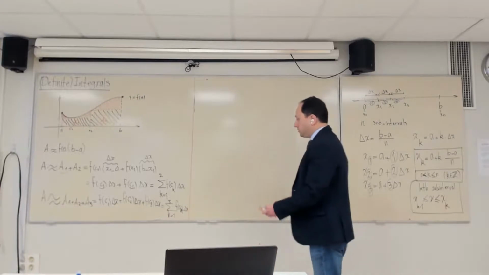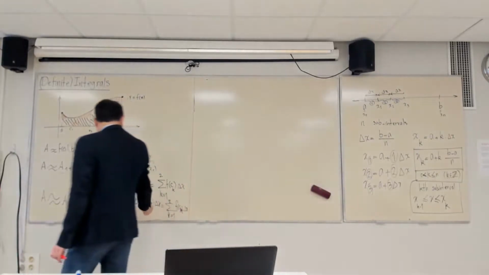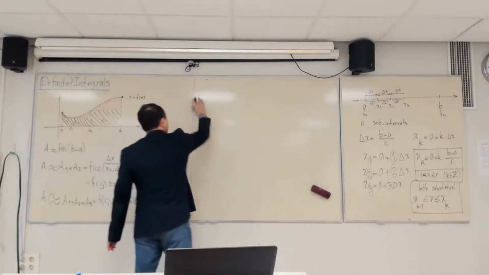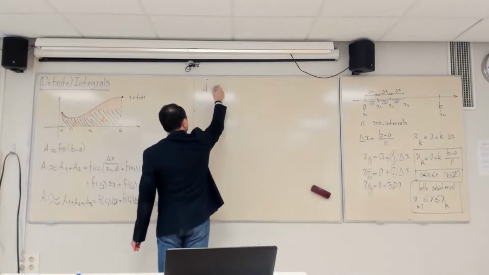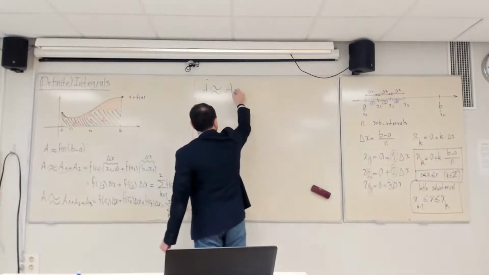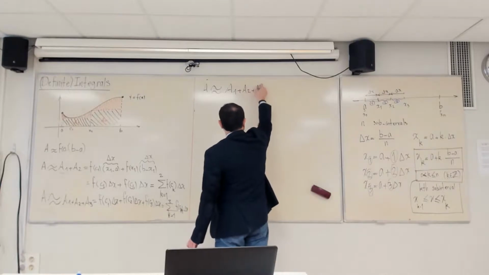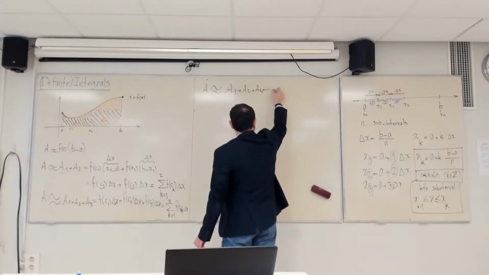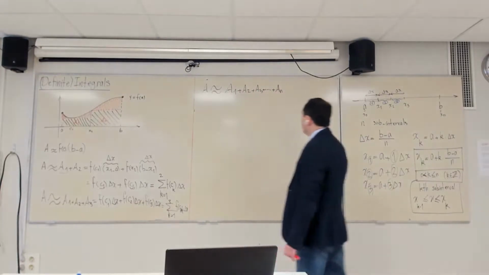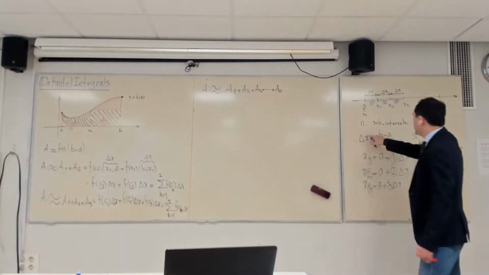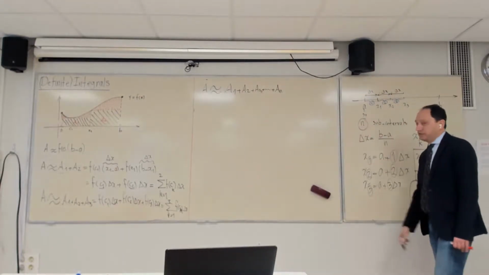Okay, so what I do, I would say that if I continue, then I will have a better approximation if I increase the number of subintervals. For example, let us consider it up to n subintervals. You see, I have reserved this symbol for that.